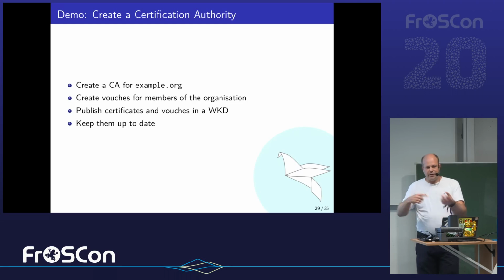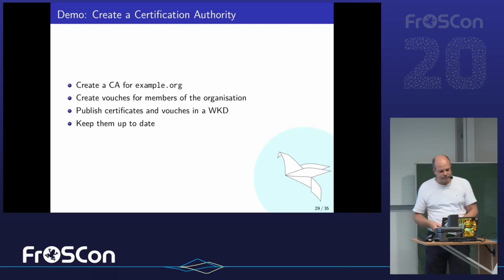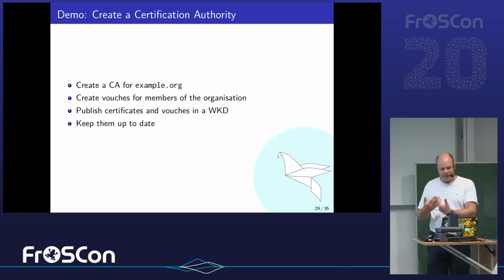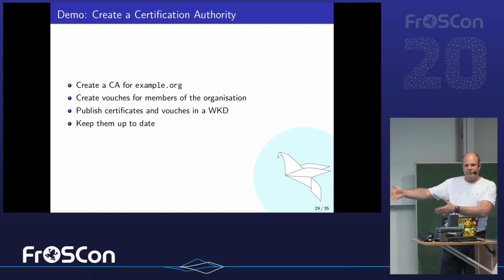If everybody has to talk to everybody, that's expensive. So this is a radical reduction by delegating to somebody and then configuring all of the employees to use the CA. But it's not only inside of the organization that we can save time. It's also outside, because the people who want to talk to people inside of the organization, they can use the CA as well if they have reason to trust it.